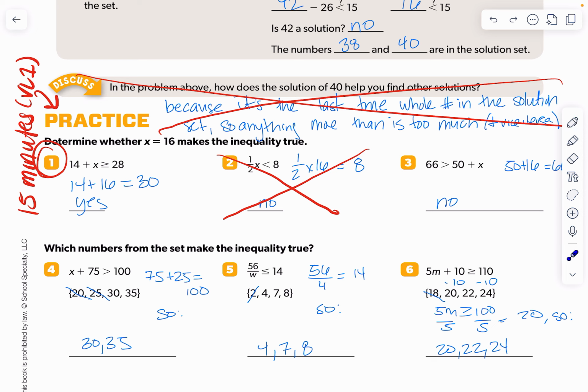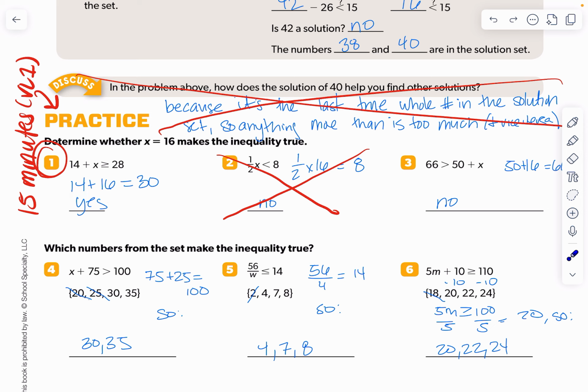For question 1, you have 14 plus x is greater than or equal to 28. Students are substituting 16 for question 1. They're not going to do 2, but they're also going to substitute 16 for question 3. So when they do 14 plus 16, they get 30. Is 30 greater than 28? Yep. So this works. They'll do the same thing for 3.